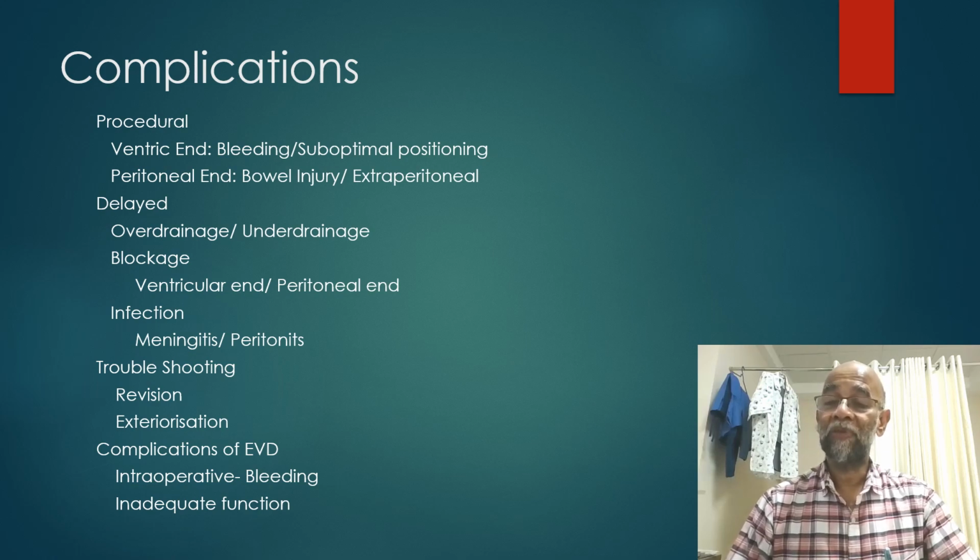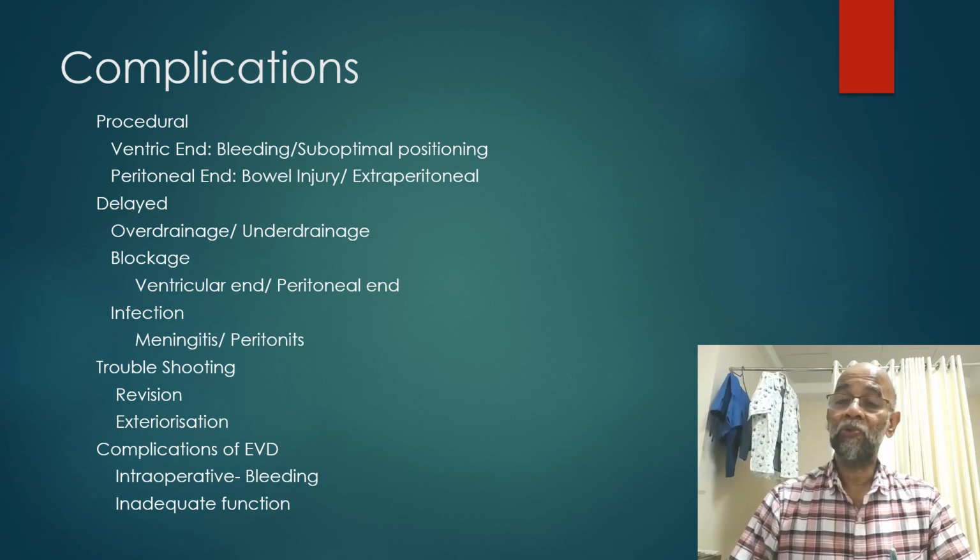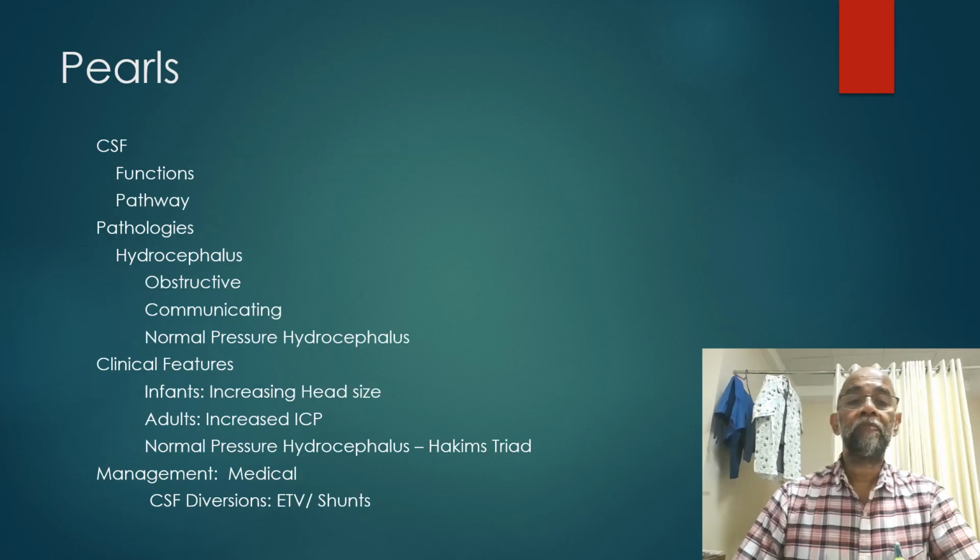Earlier, when the equipment was not so good, there used to be a very high incidence of bleeding because you are puncturing into the space where the basilar artery and all the perforators are present. So this has been done under endoscopic vision. When it was done as a blind technique, there was a high risk of complications.